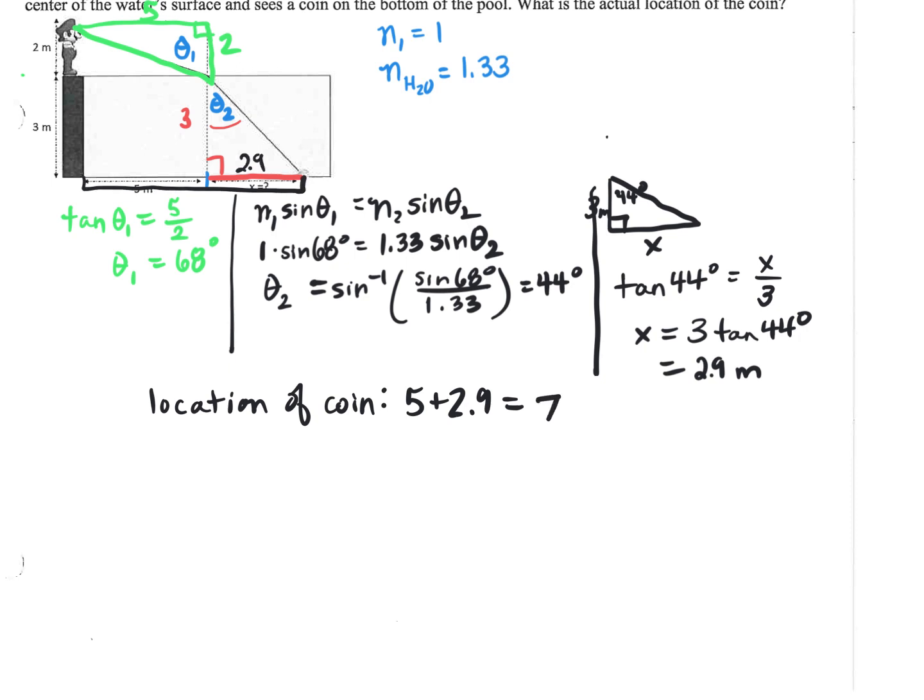So that would be what? 7.9 meters from the edge of the pool. Okay? Right? That's a pretty typical Snell's law type problem. Okay? Now, any questions about that one?